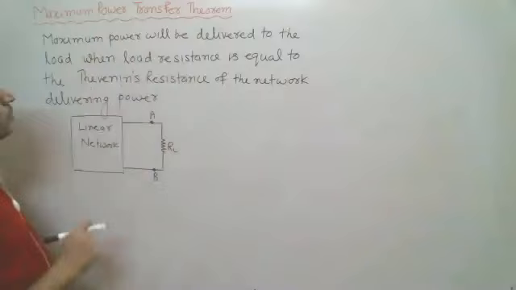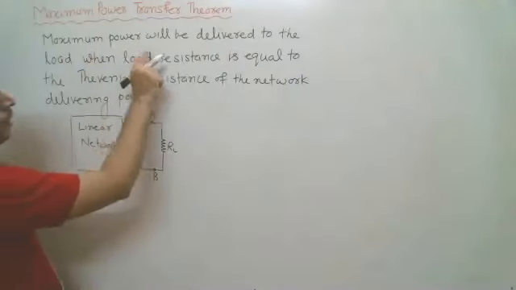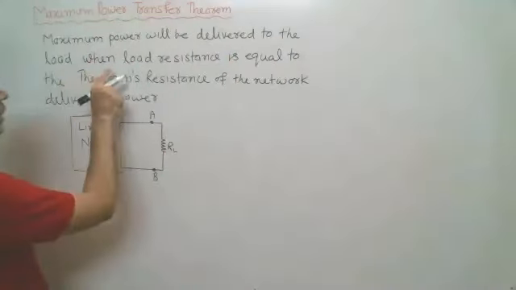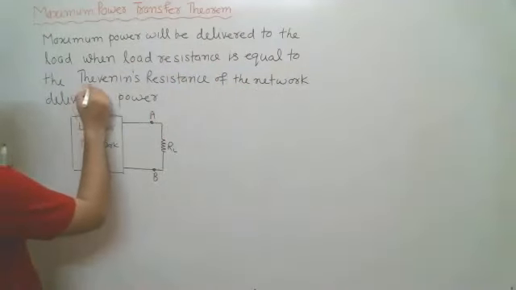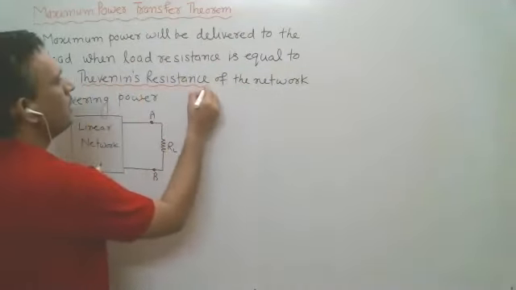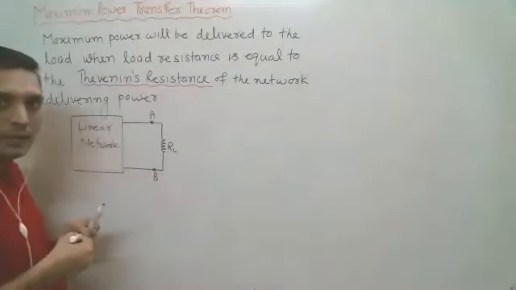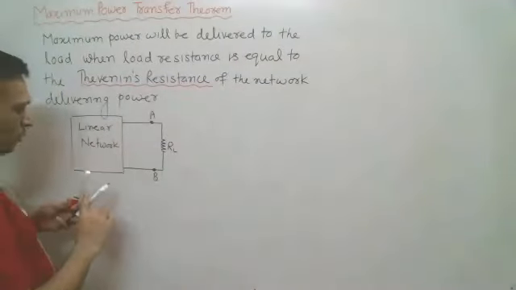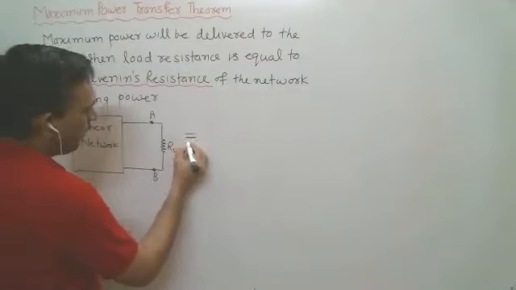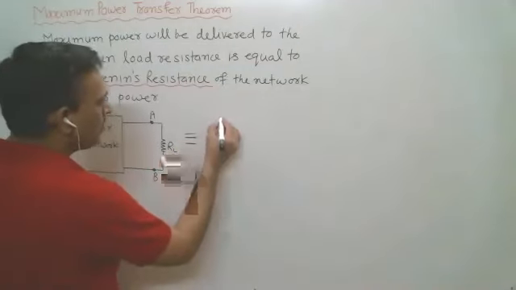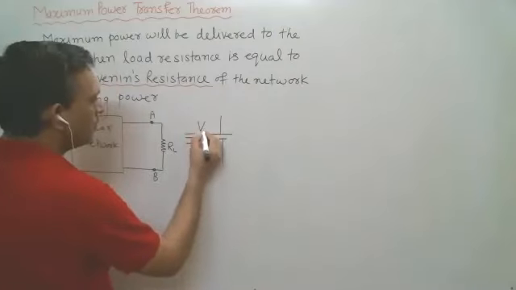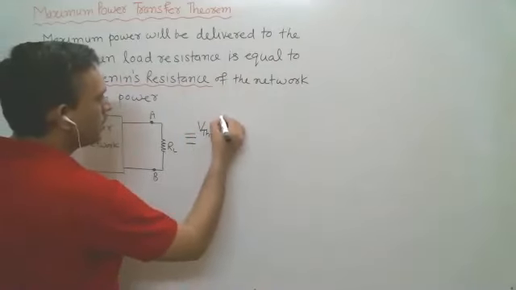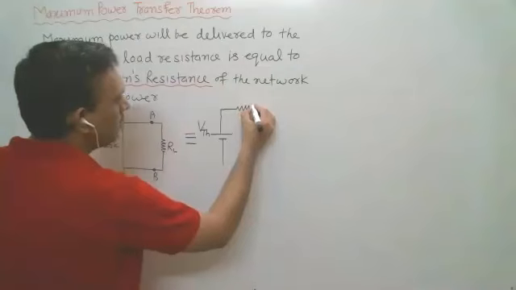So according to this theorem, maximum power will be delivered to the load when the load resistance is equal to the, underline this, Thevenin's resistance of the network delivering the power. So you know, for any linear network, you can draw its Thevenin's equivalent. This is VTH and this is RTH.